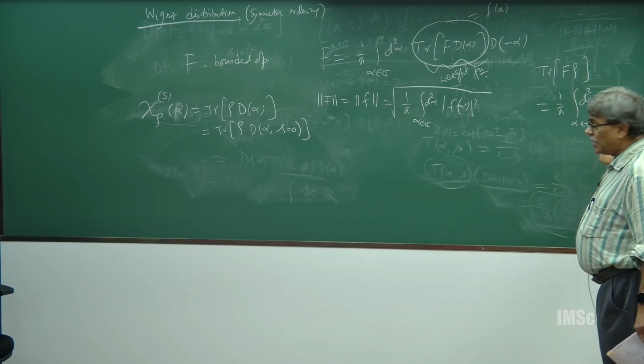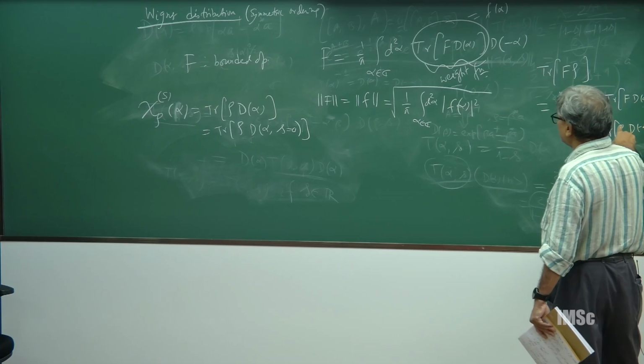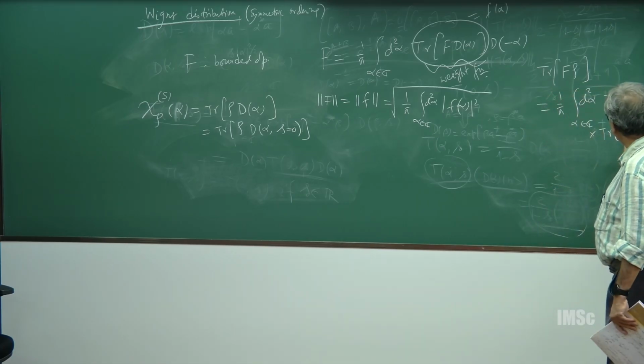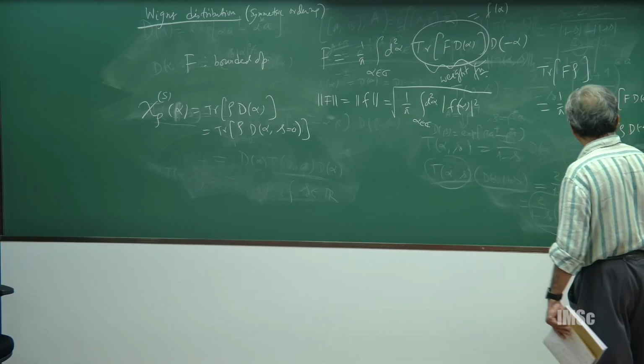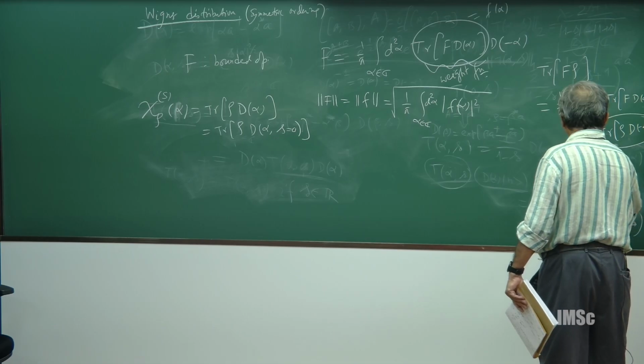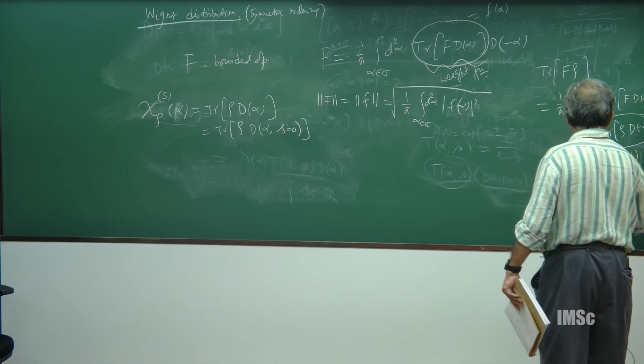Is that correct? Yes, this is correct. So this is your characteristic function, symmetric ordering, at minus alpha.